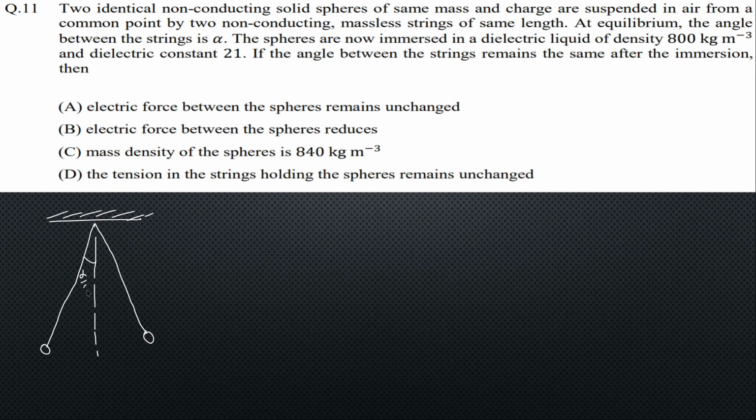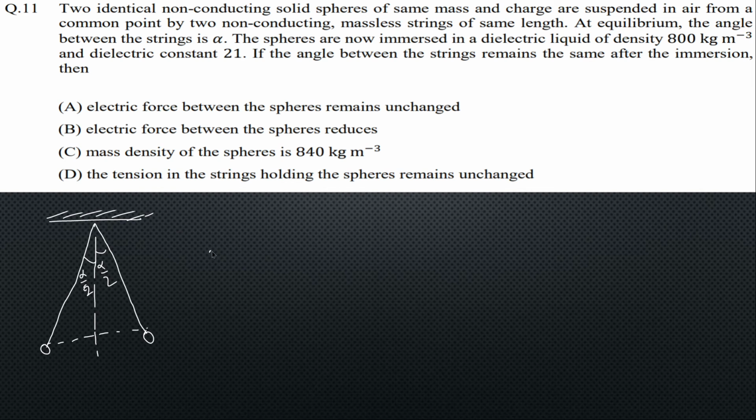This angle is alpha by 2, and this is alpha by 2. Let's draw the FBDs. First of all, we'll take the initial condition when the spheres were not immersed in the liquid.